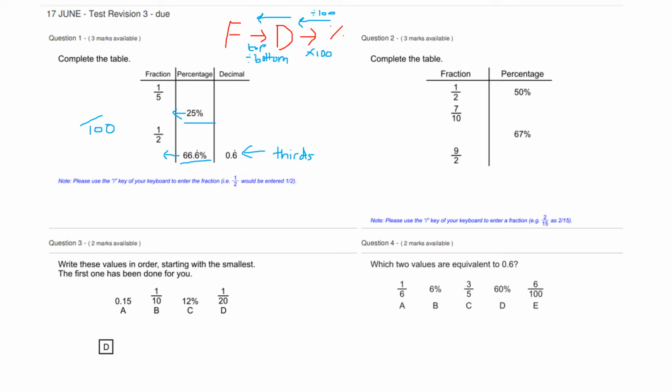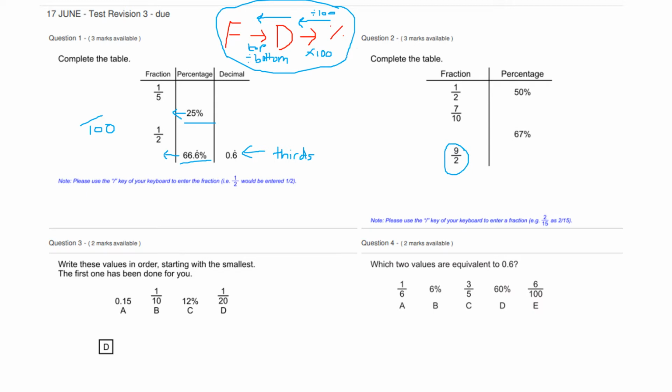Question 2, another table of fractions we should really know. Again, if you're not sure, you can use our methods that I put over here to work out missing ones. For 9/2, you'll notice that the top of the fraction, the numerator, is greater than the bottom, the denominator.